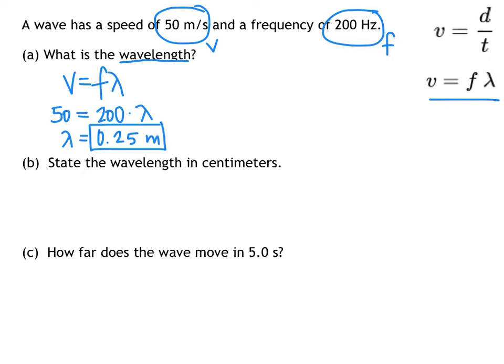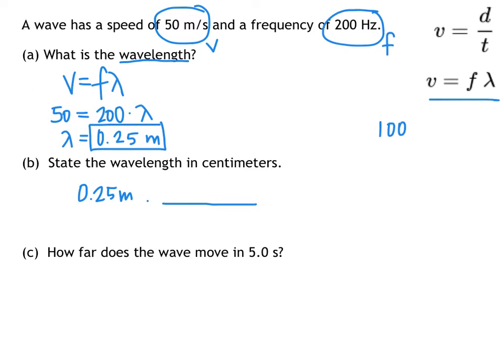The next question asks me to convert that number into centimeters. So one way of setting that up is to go ahead and write my given information, and then I'm going to multiply by a fraction that's actually equivalent to 1. I need to know what's the relationship between centimeters and meters.